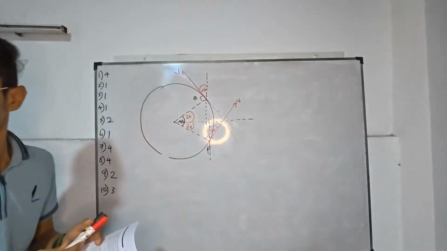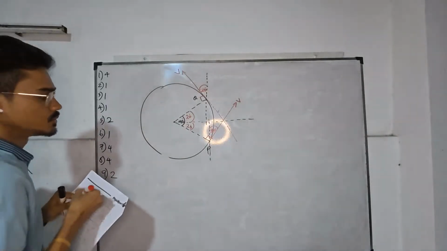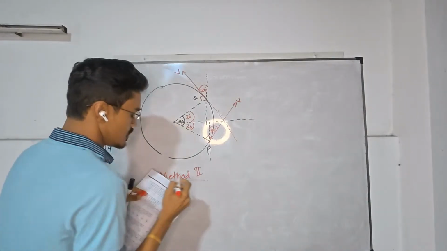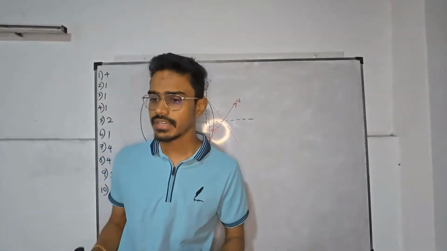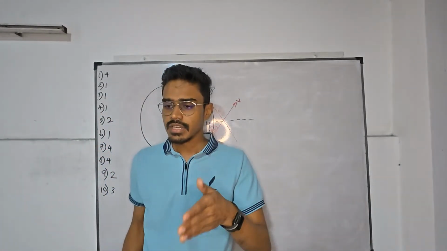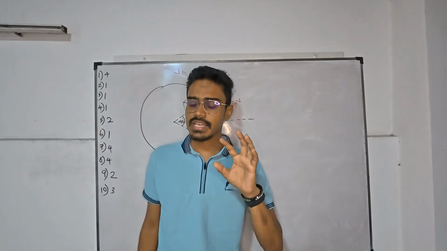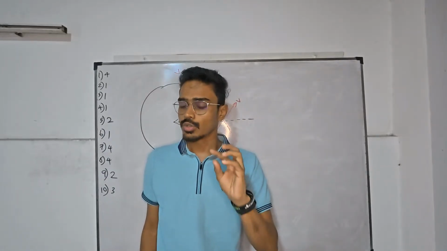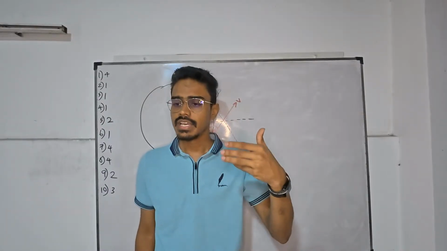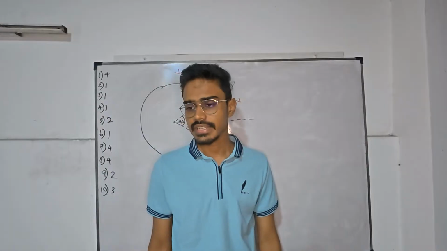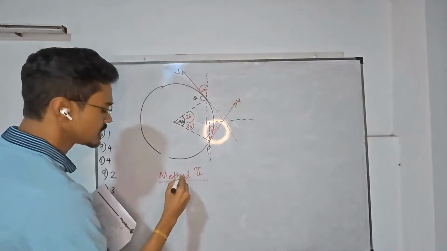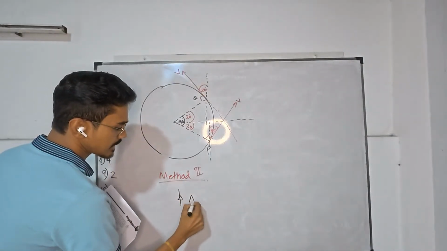Method 2: if we are determining a change of a vector, or of two vectors in inclined directions, what we can do is take the change in perpendicular directions and get the resultant, the net one. So first I'm going to determine the change in vertical direction. Method 2, vertical delta V.